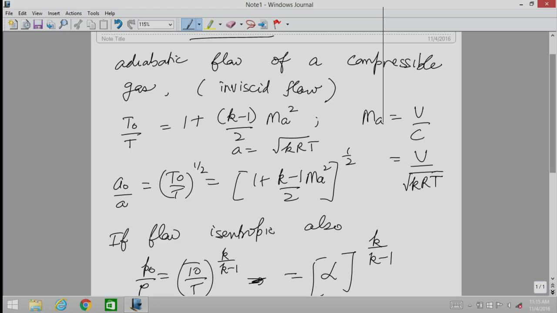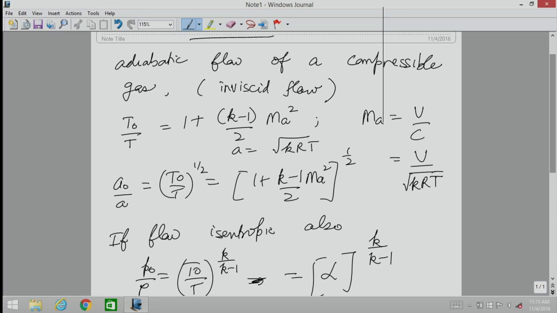If a gas is flowing, and we assumed adiabatic flow and inviscid flow of a compressible gas, and there we used the continuity equation and the momentum balance equation, P1 minus P2 is equal to minus rho V1 square A1 plus rho V2 square A2, those type of relations.